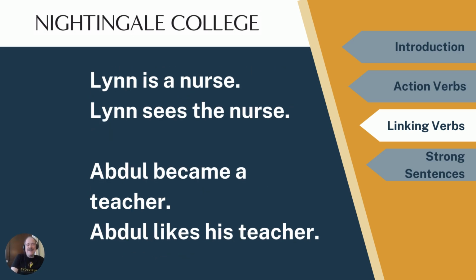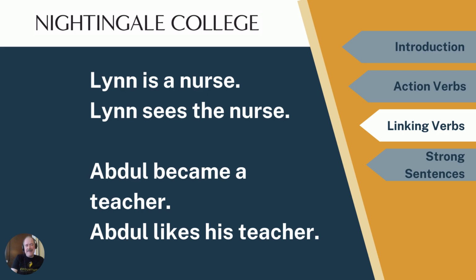Lynn is a nurse. A nurse is describing Lynn. So is is a linking verb. Lynn sees the nurse. The nurse is receiving the action of the verb sees, so we have an action verb.